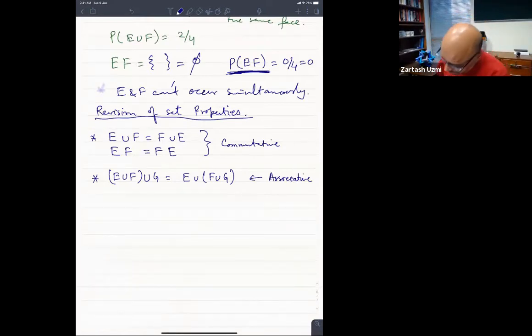And similarly for intersection as well. So E intersection F intersection G would be the same as E intersection F intersection G. So both of these are associative properties.